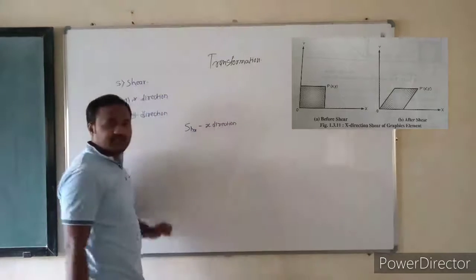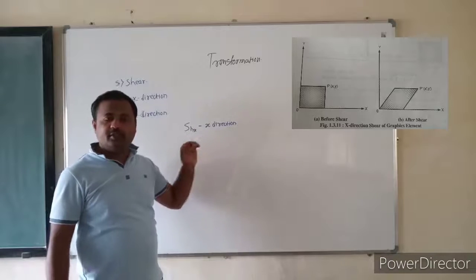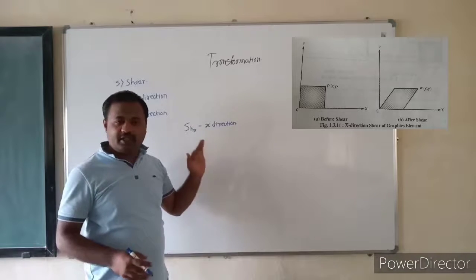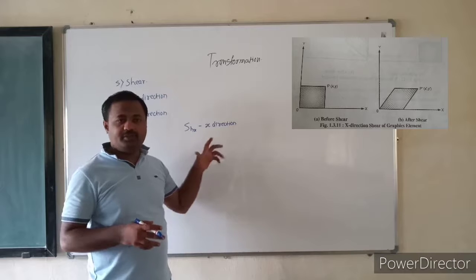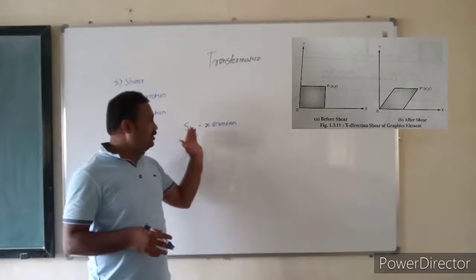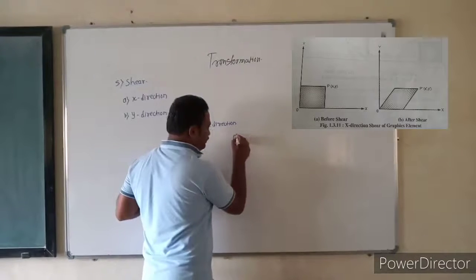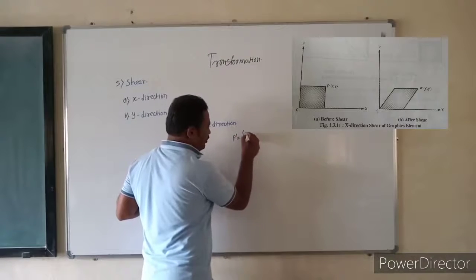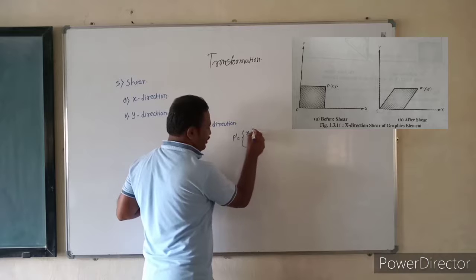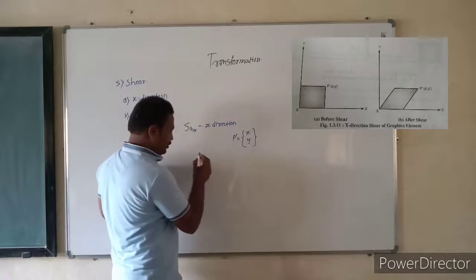In x direction shearing. Okay. For finding the value of new coordinates only in x direction shearing, P dash is x dash y dash. Okay.